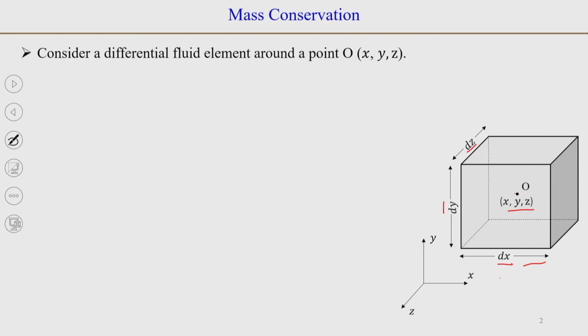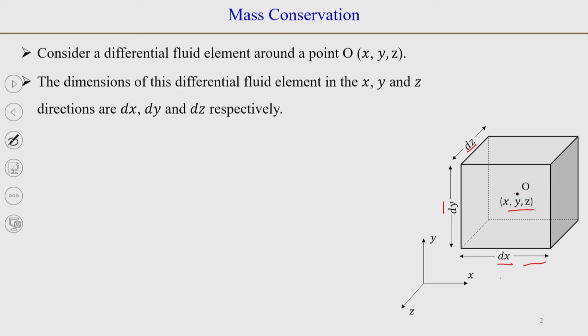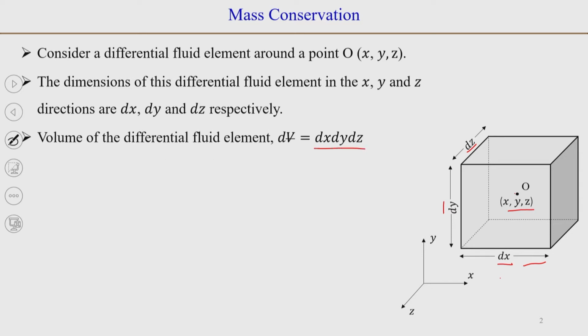So, it is at the center of this cuboid. The dimensions are dx, dy, dz, and they are not necessarily equal. So, we have dV equal to dx dy dz.